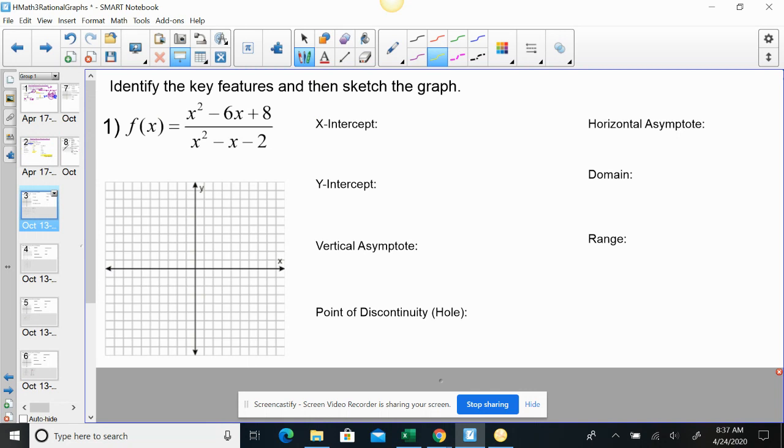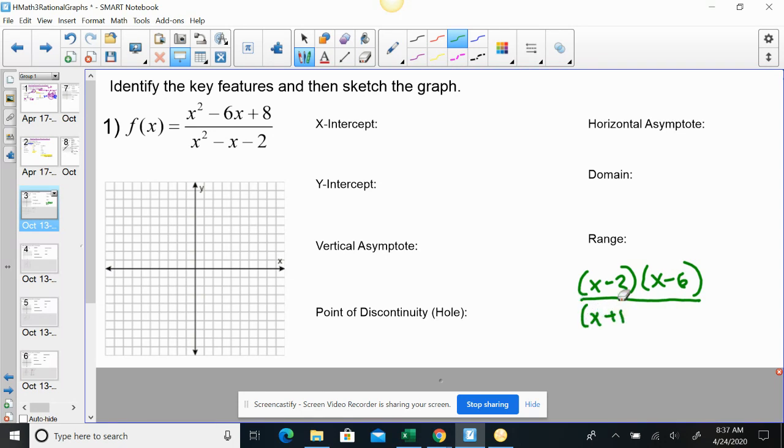Okay. I would suggest you factor and look for holes first. Most online resources did not do that, but if this was my expression, I would think of this as: what multiplies to be 8 and adds to be negative 6? That would be negative 2, negative 6. In the denominator, what multiplies to be negative 2 and adds to be negative 1?